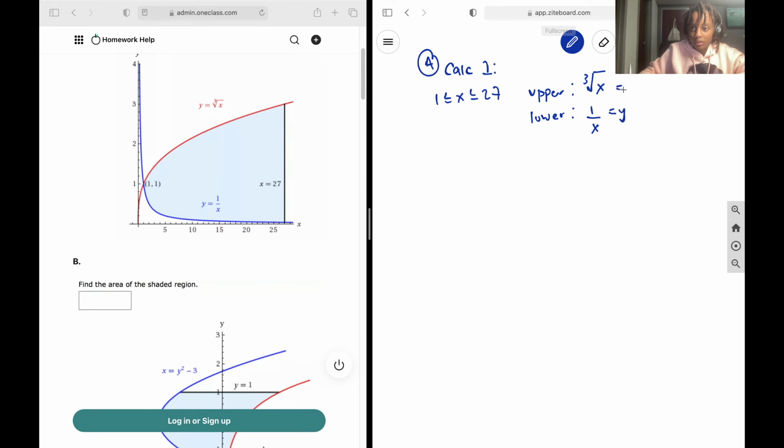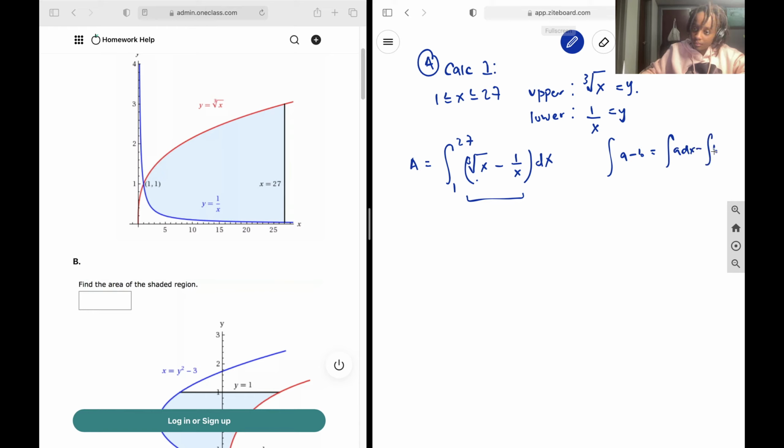And so let's just write that out, and we get A is equal to the integral from 1 to 27 of the upper function, so the cube root of x, minus the lower function, all over dx. Let's break this up using properties of integrals. We know the integral of a minus b is equal to the integral of a minus the integral of b.